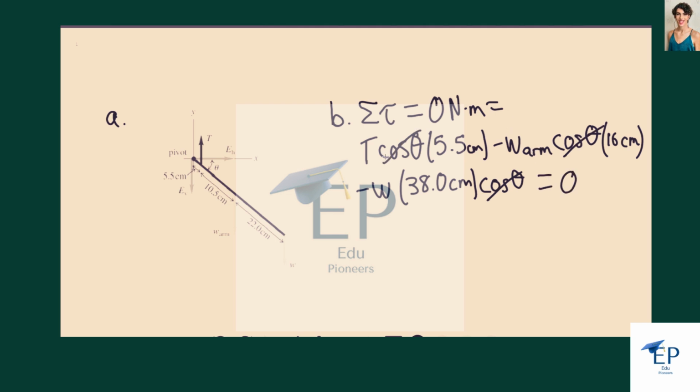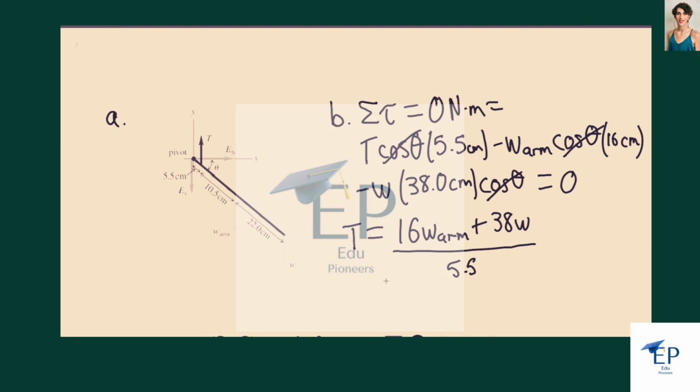So we can say that T, the tension force, is simply going to be equal to 16 times the weight of the arm plus 38 times the weight in the hand, divided by 5.5, the distance from the tension force to the axis of rotation.